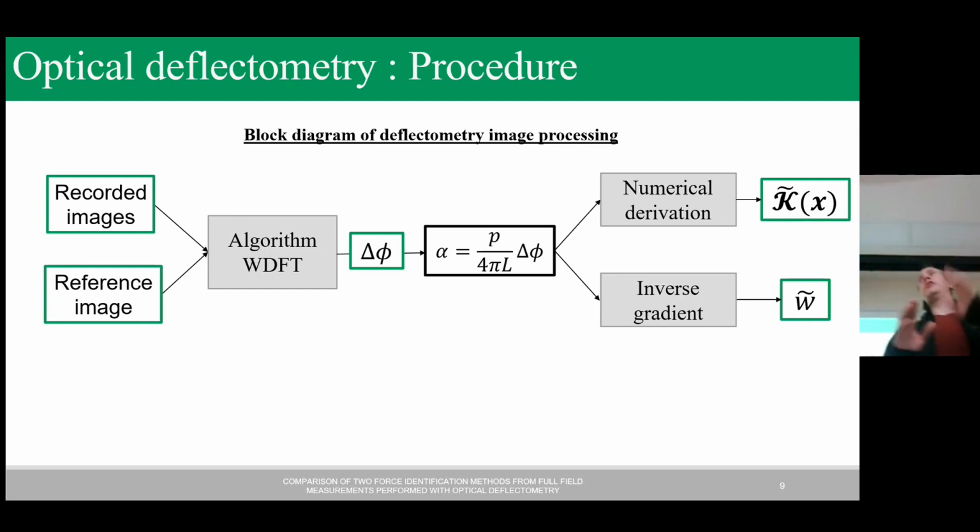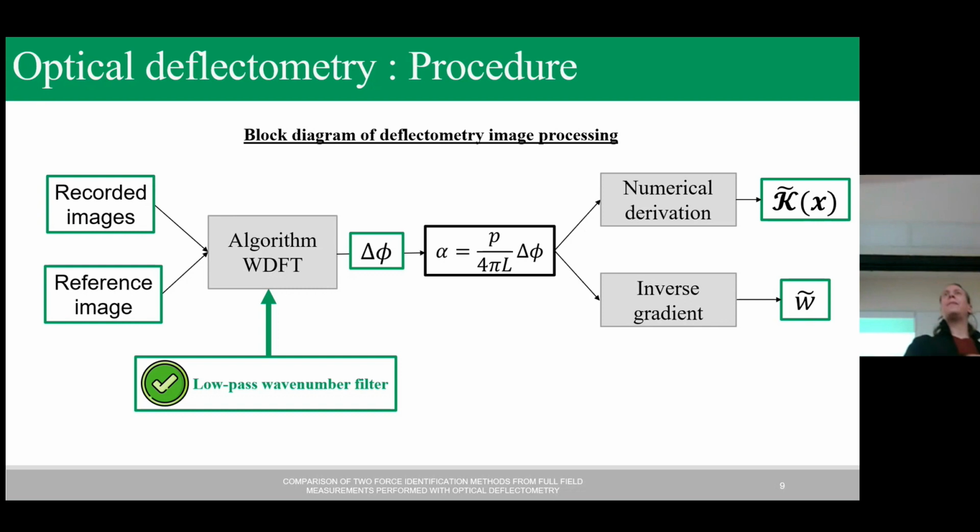Plus, what is interesting in this WDFT algorithm is that a low-pass wave-number filter is applied to extract the data from the images, which means that we already somehow have a filter applied, so we don't have to apply an extra filter in order to apply the force analysis technique.